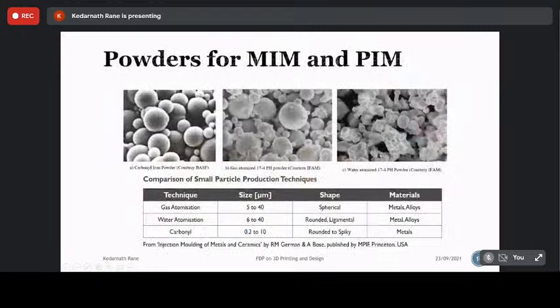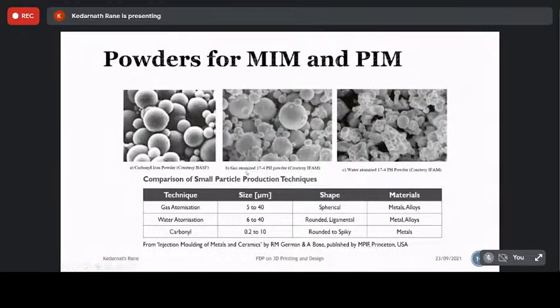When it comes to the diversity of manufacturers, you can see BASF, Hoganas, Sandvik Osprey. There are any number of powder manufacturers producing powders for various applications. Here we are seeing three different types of powders. The first are produced from the carbonyl process, and you can see very spherical powders.